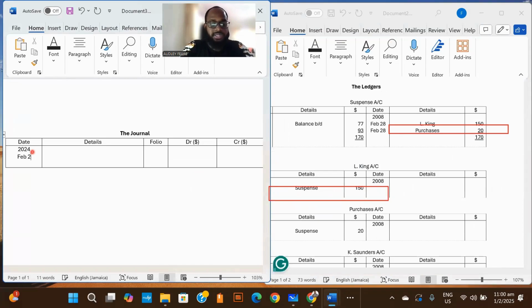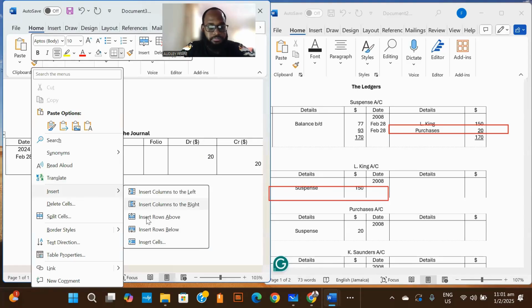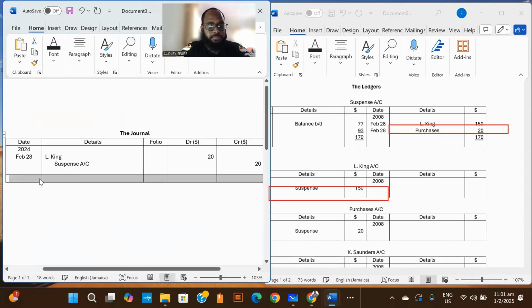February 28th, we had a debit account to be debited first, which was L King, and we credit the Suspense account, right? And the amount was $20. So 20 here, debit, and then for the account to be credited, we put $20. All right, I'm going to leave out the narrative here. All right, let me insert a row below.